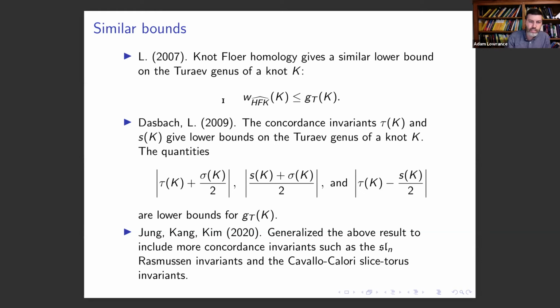And then just to top this off, some really recent work by Seung-Won Kim and a couple of his co-authors, who I think spoke in one of these seminars in the past couple of weeks, generalized the concordance lower bounds to many more concordance invariants using sl_N homology and all of the Cavallo-Quilori slice torus invariants as well. So that's fairly recent work that Seung-Won did.